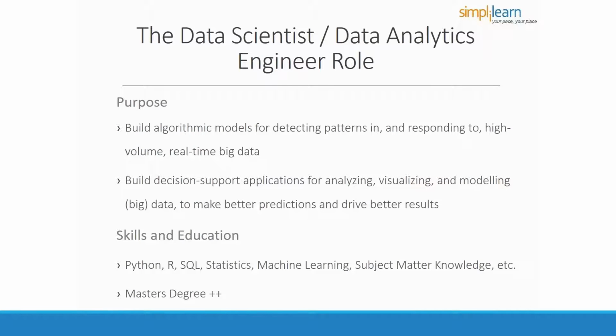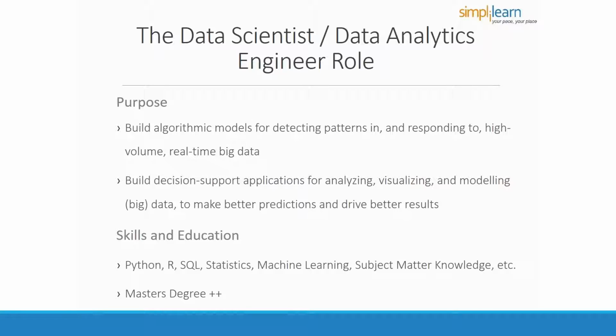Turning now to the data scientist and data analytics engineer role, the purpose behind this job is to build algorithmic models for detecting patterns in or responding to high volume real-time big data.